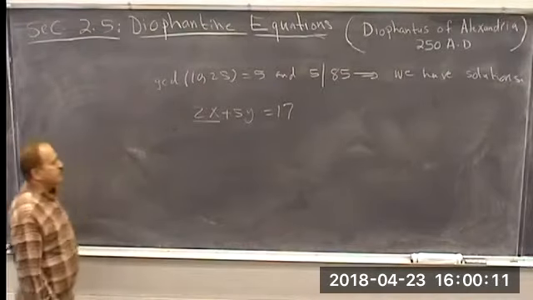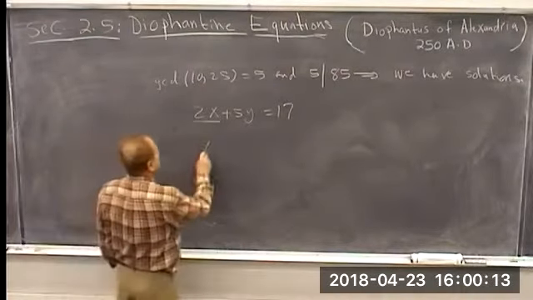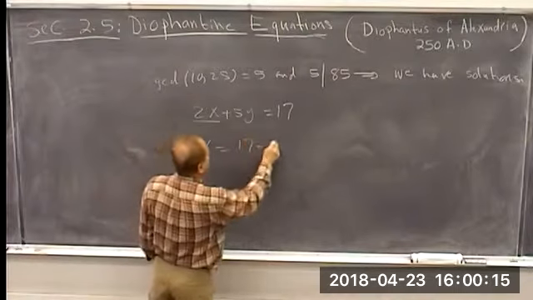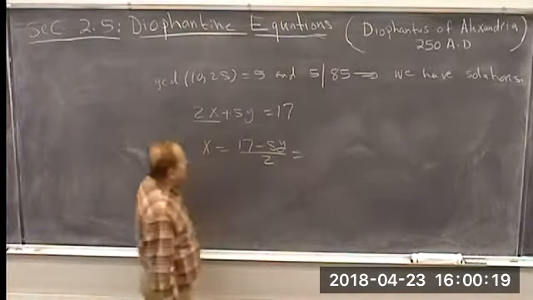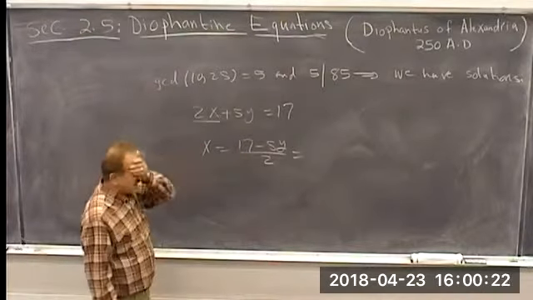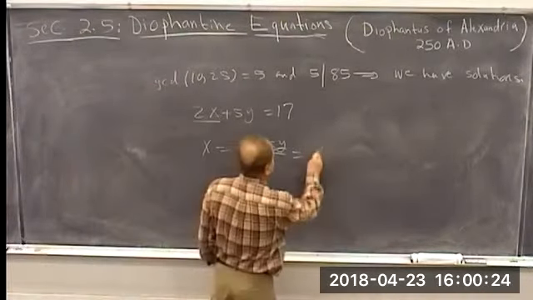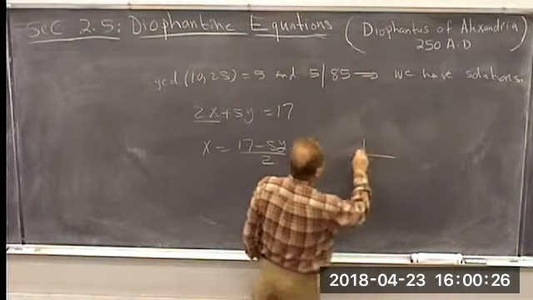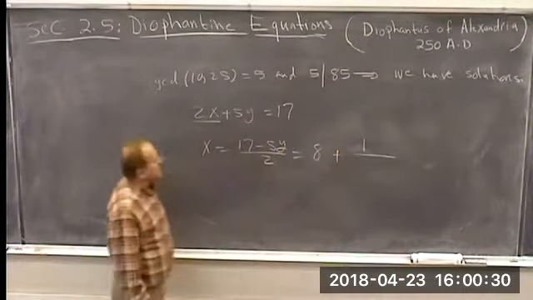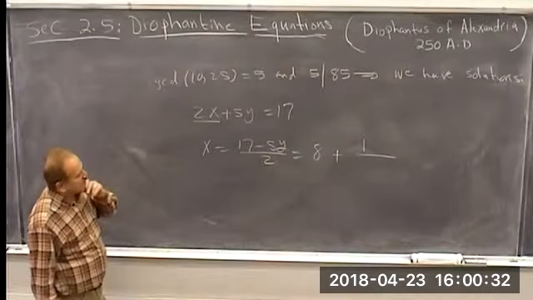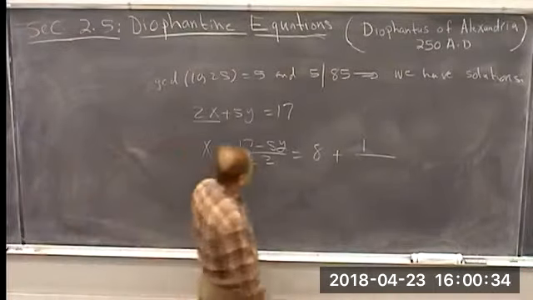So we're going to solve for x in here. And then we divide. 17 by 2 is equal to 8, and the remainder of 1. Then the plus in here. And then the negative, or 5 divided by 2 is 2.